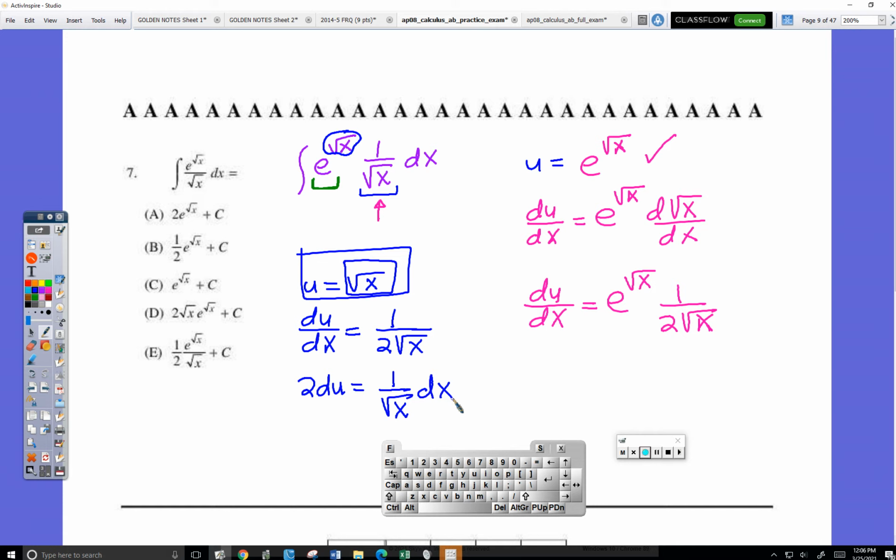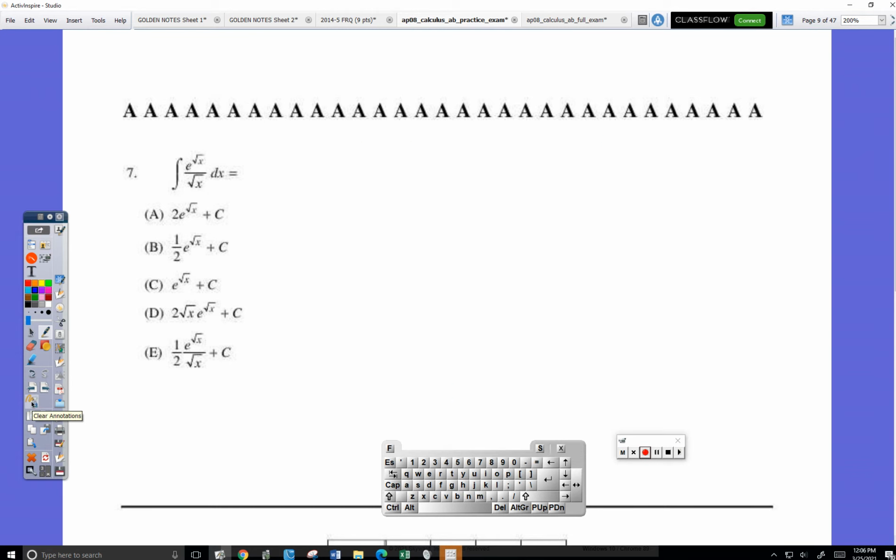Can I clear the board? Of course. Good? So the new integral is going to be e to the u, 2 multiplied by du. 2 is a multiplying constant. The antiderivative of e to the u is just e to the u.